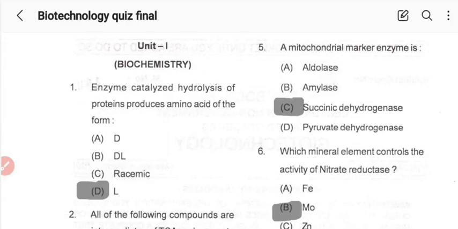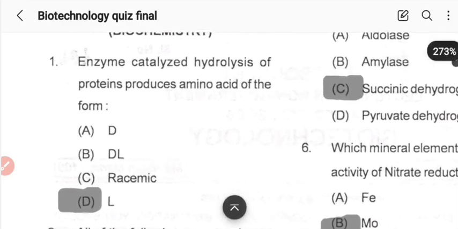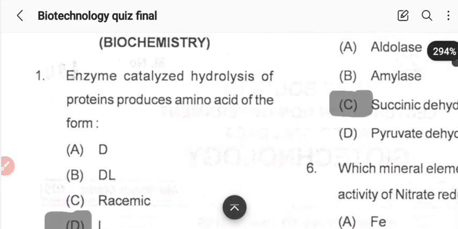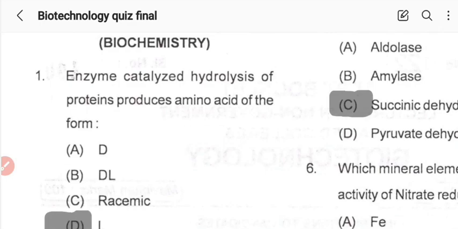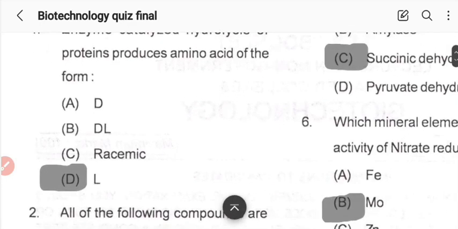Unit 1 Biochemistry. Enzyme catalyzed hydrolysis of protein produces amino acids of the form. Which form does it produce? It generally produces the L form. We have two kinds of forms, dextrorotatory and levorotatory. But in our body, we will have the L form, levorotatory.